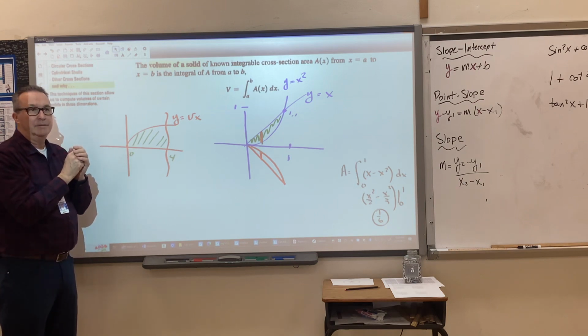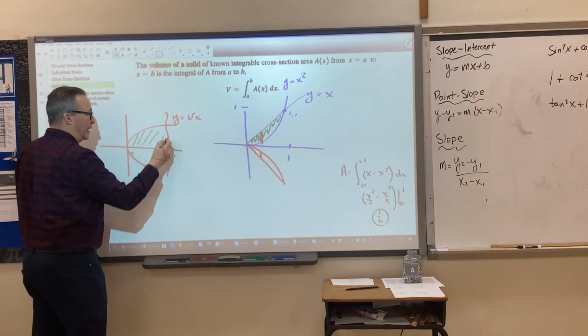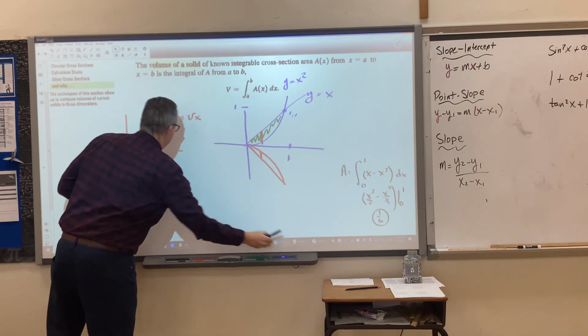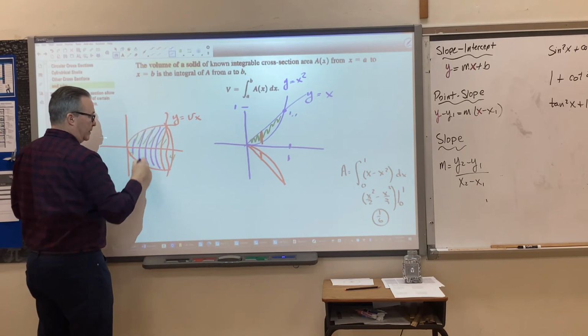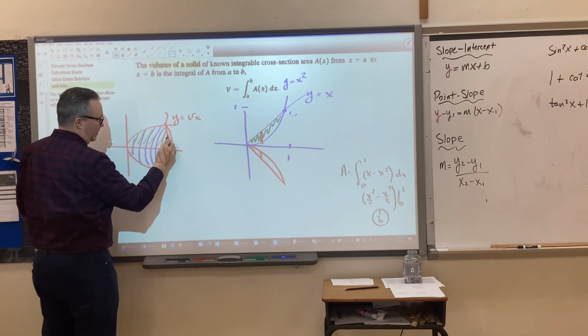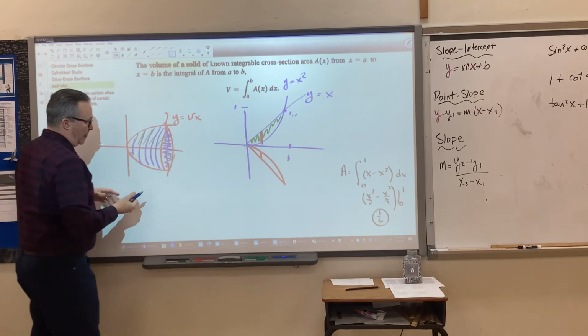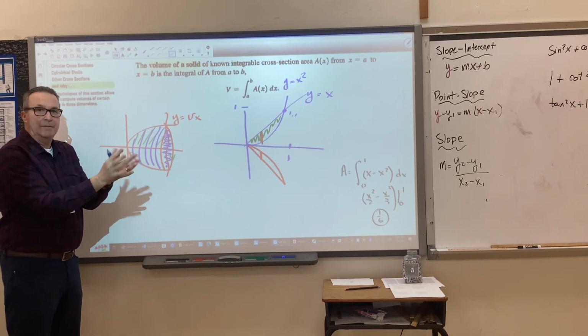Okay? So then its reflection would be here. And actually, this edge would be like this. And then this would be a flat surface here. So it'd be kind of like half of a football, but it's a solid. Right? Do you see that?